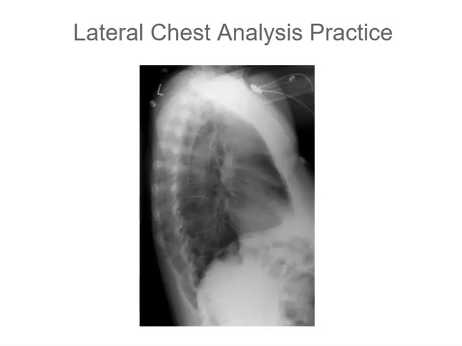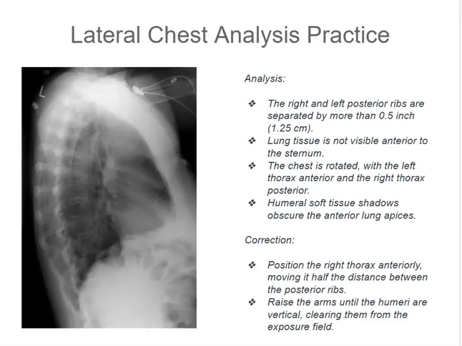Go ahead and analyze this practice analysis and answer the following question. In our first practice analysis of the lateral chest, we want to determine if there's any rotation. And indeed, by the look of the posterior ribs, which are separated by more than that half inch, there is some chest rotation indicated here.